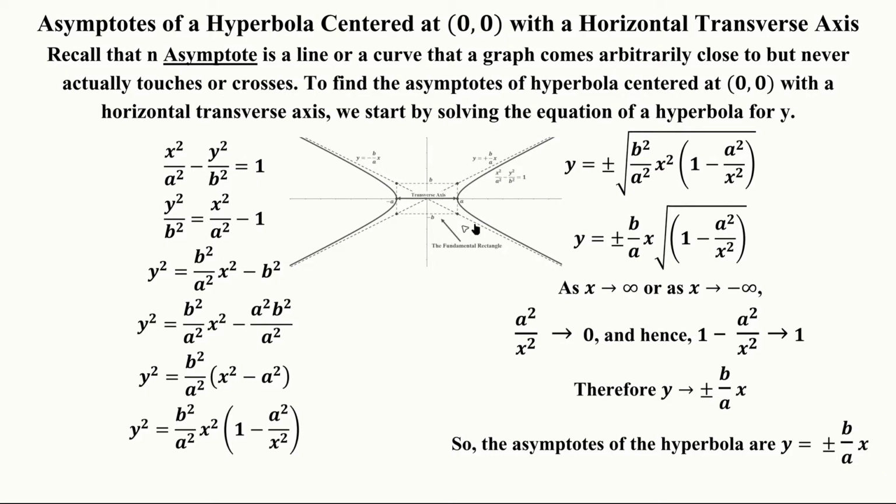Now, because the slope of this line is b over a, that means starting at (0, 0), for example, we can go up b and then right a to get to a point on this particular asymptote, the positive b over a x case, right?